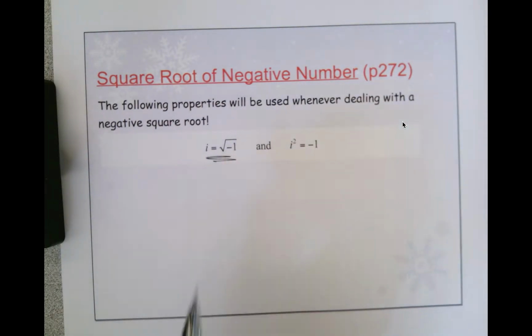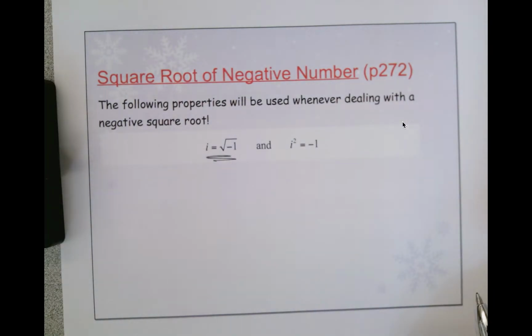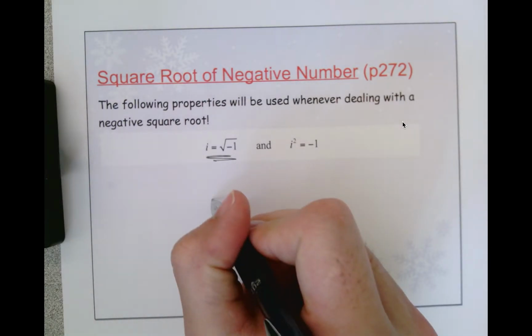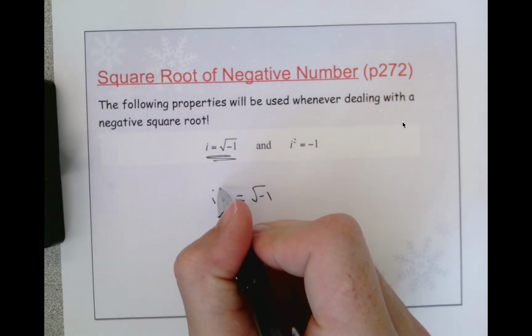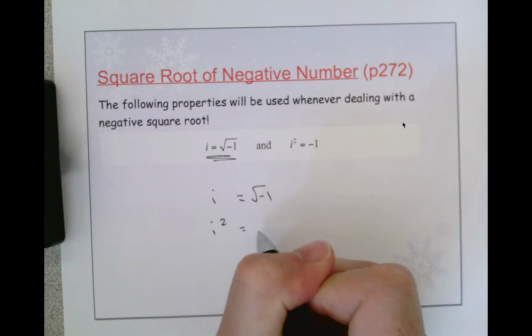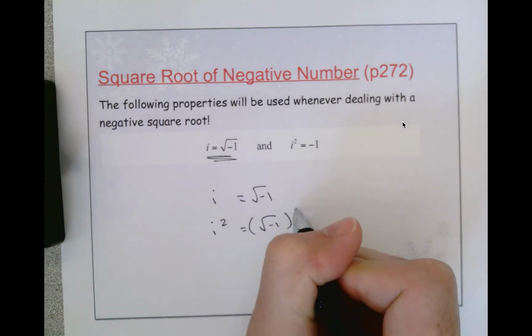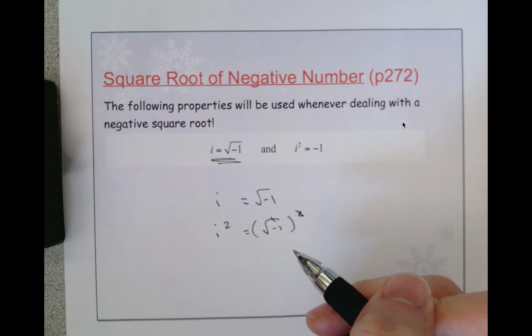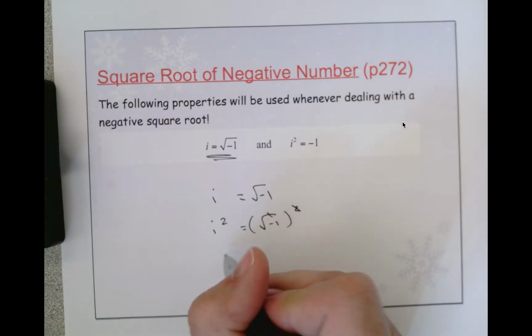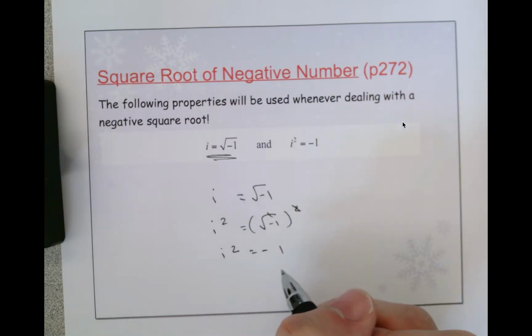It's defined as this. i is the square root of -1. And what that means is that i squared is going to be equal to -1, because if I'm going to square both sides, the squared and the square root are inverse operations. Those are going to undo one another. So that just leaves me with i squared equaling -1.